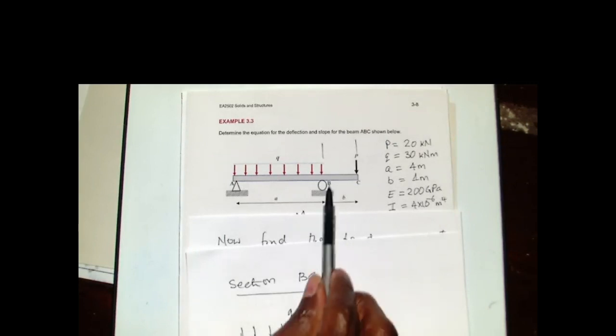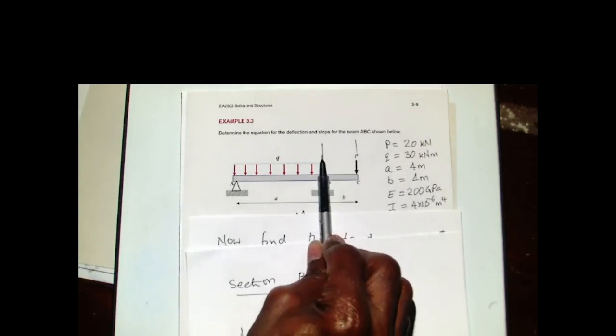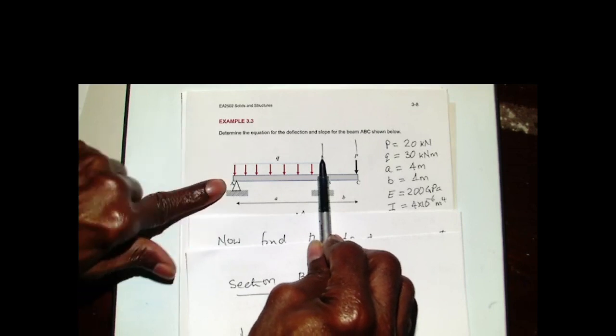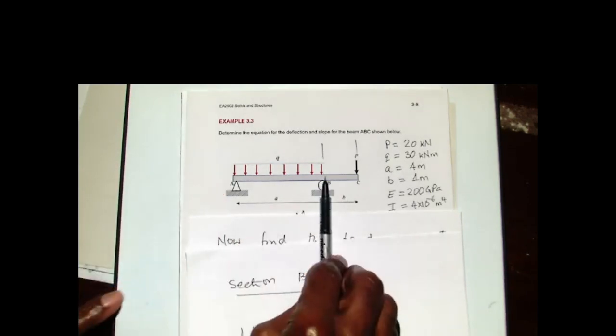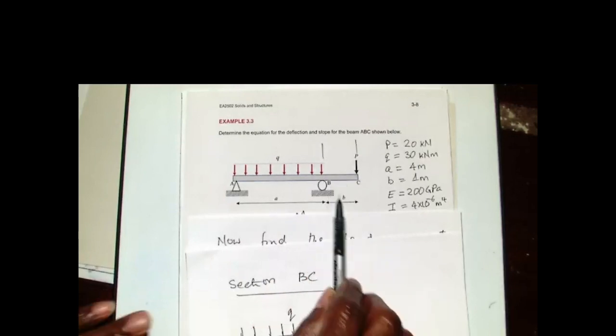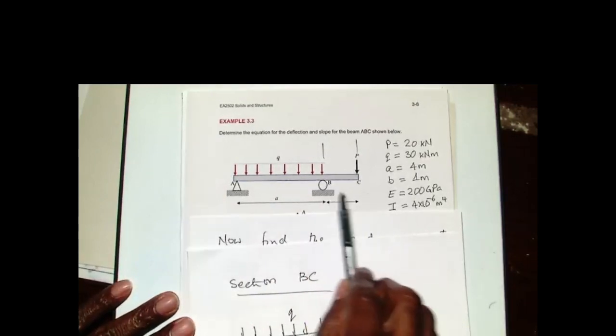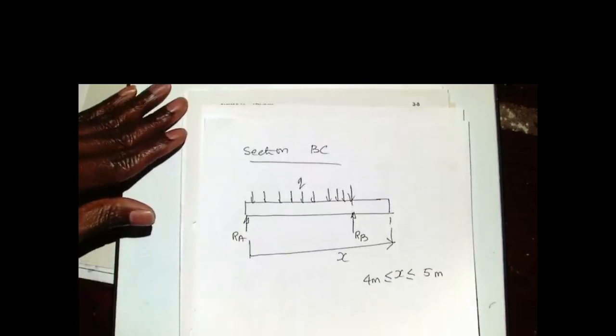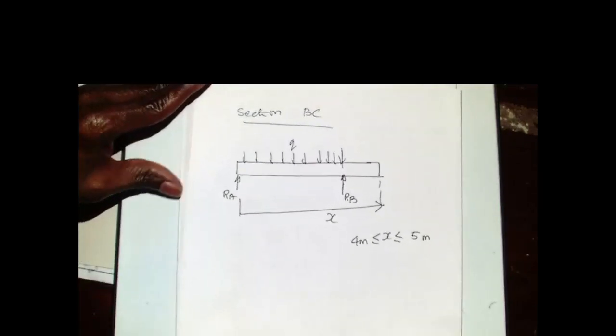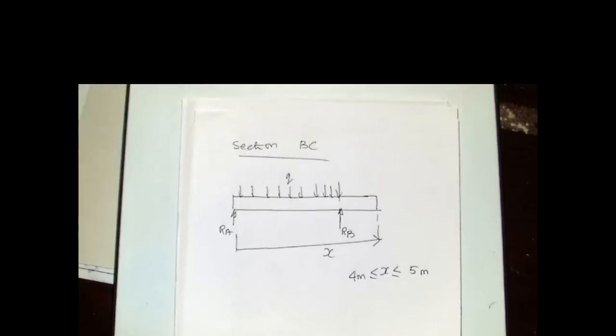So when you are starting from this point, my X is A at this point, which is 4. So we are only interested in section BC. So why did we draw the free body diagram for all the section, from A to C? Because you take your section going from left to wherever you want, and you remove whatever is on the right-hand side.